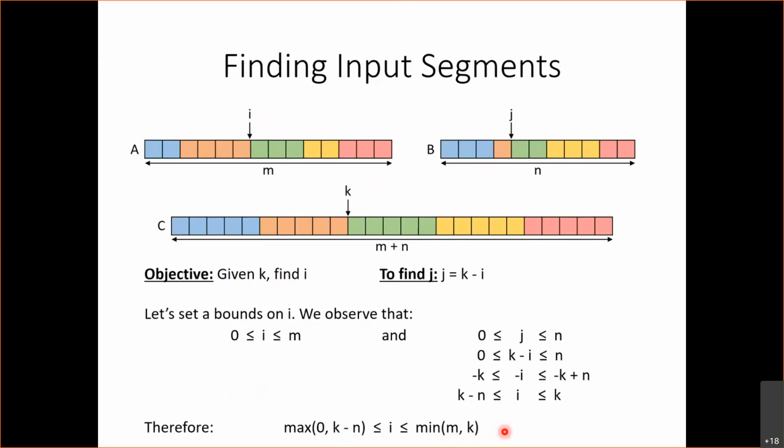Any questions? Any questions about these bounds on I? Is this clear to everyone?